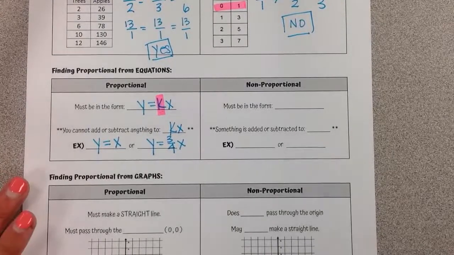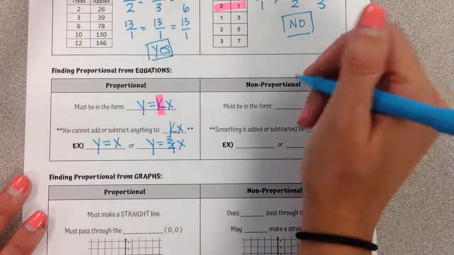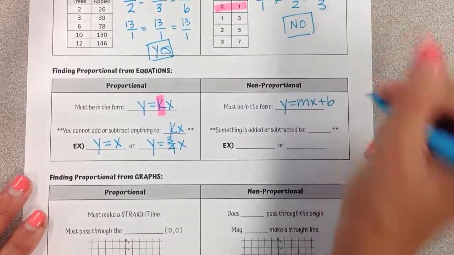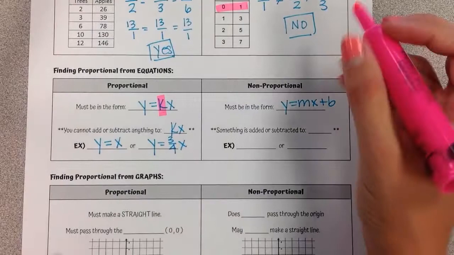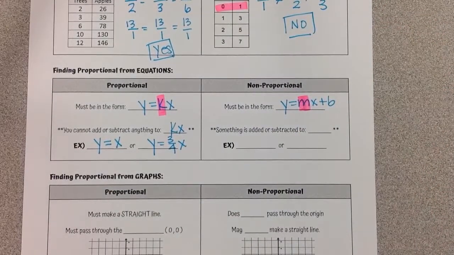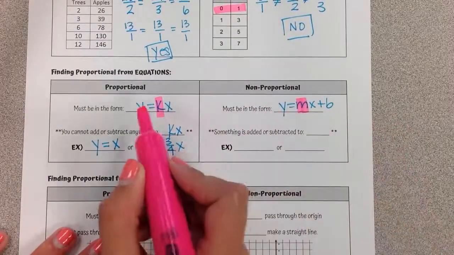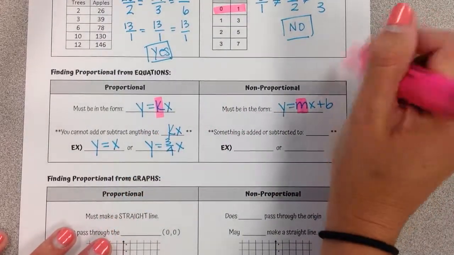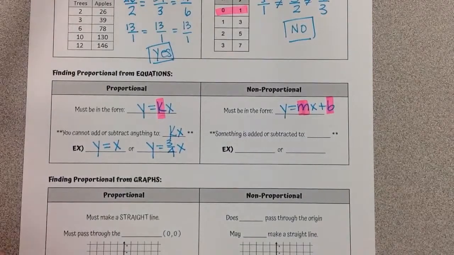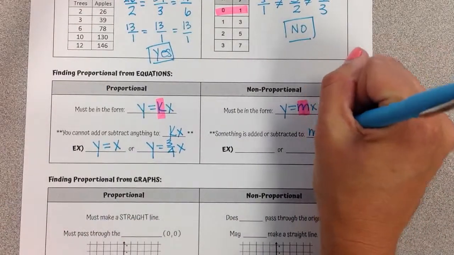On the other end, it is not proportional if it's in the form y equals mx plus b. Really this m and k are talking about the same values, just a different way that we distinguish between constant and not. And then you'd have a number in for the b, so something is added or subtracted to that mx value.